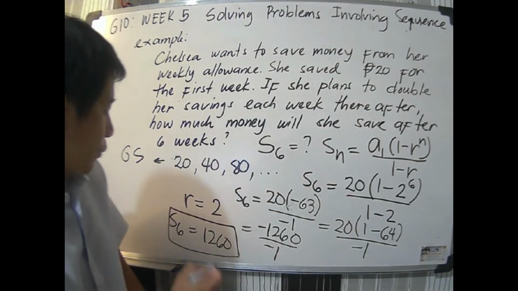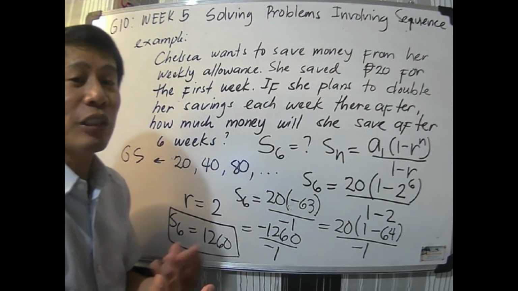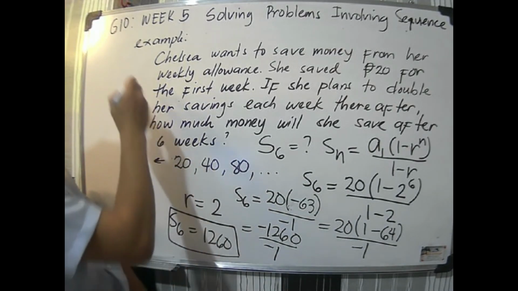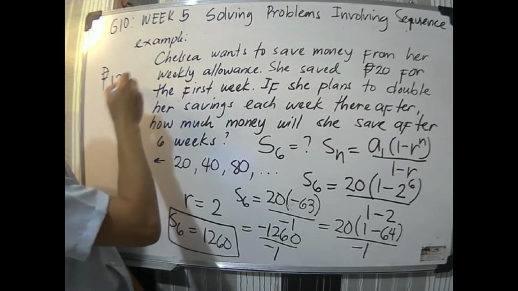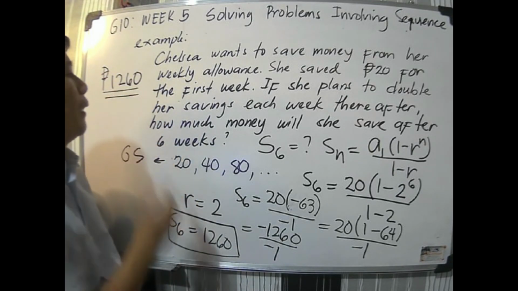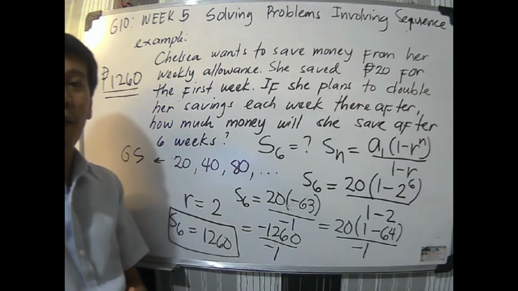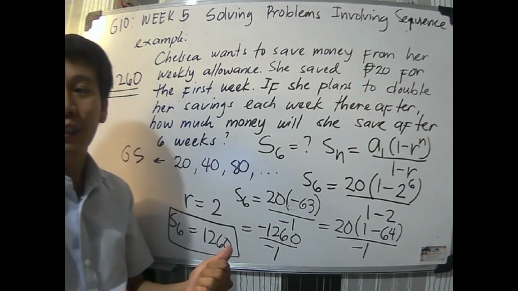Therefore, since savings ang pinag-uusapan, so your answer is how much? 1,260. So that will be the amount of money that Chelsea will save after 6 weeks. Okay?